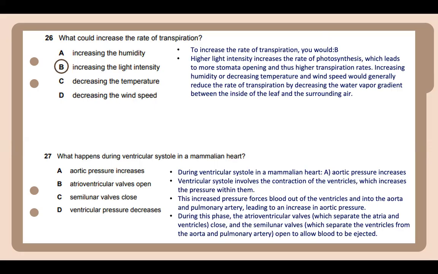This increased pressure forces blood out of the ventricles and into the aorta and pulmonary artery, leading to an increase in aortic pressure. During this phase, the atrioventricular valves, which separate the atria and ventricles, close, and the semilunar valves, which separate the ventricles from the aorta and pulmonary artery, open to allow blood to be ejected.